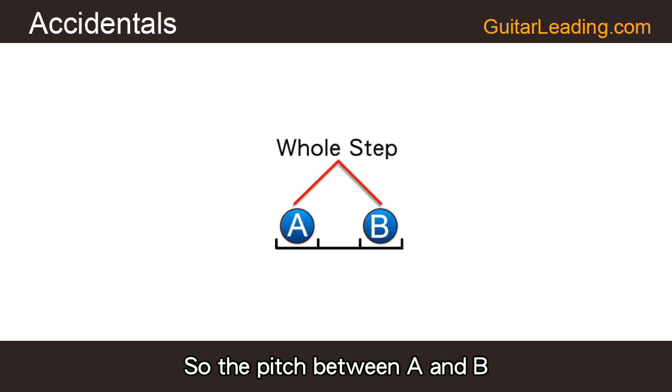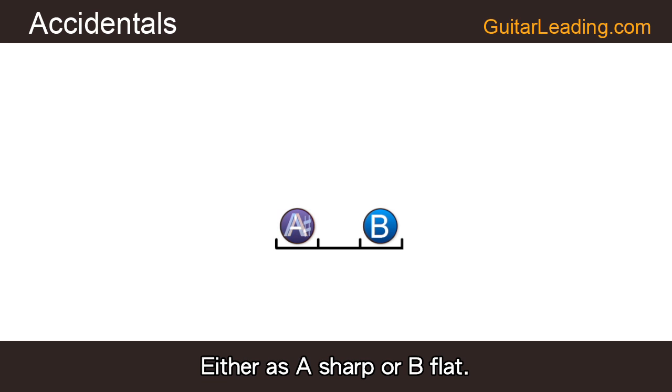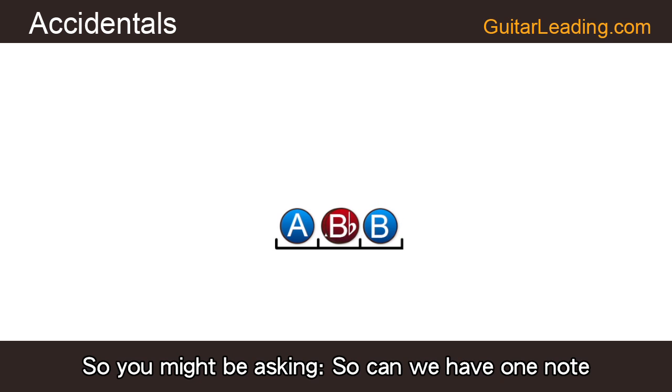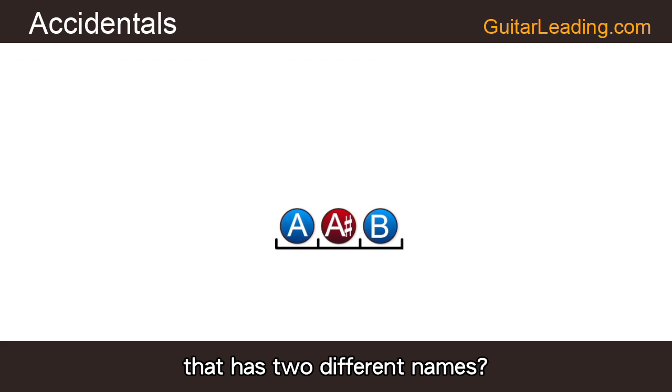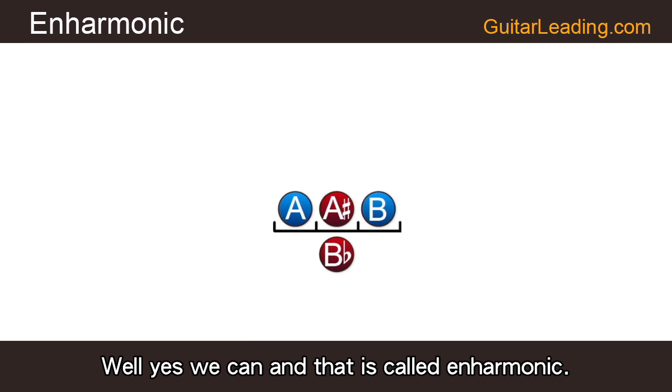So the pitches between A and B can be defined in 2 ways, either as A sharp or B flat. So you might be asking, could we have one note that has 2 different names? Well, yes we can, and that is called enharmonic.